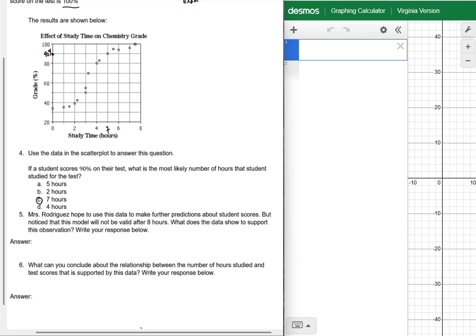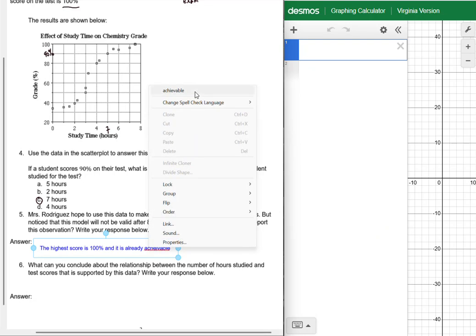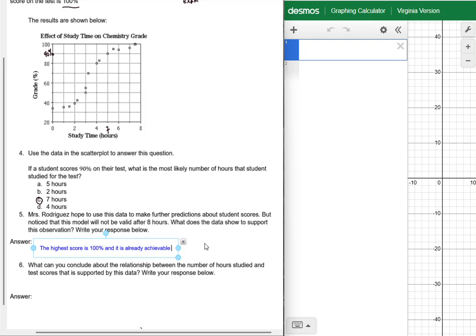So I'm gonna go ahead and type it up, because the highest score is 100%, and it is already achievable after studying for 7 hours.